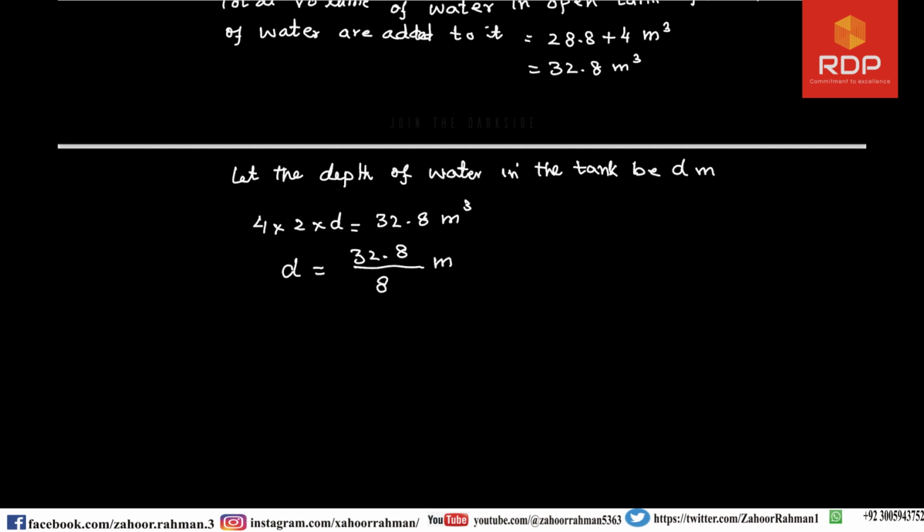Directly I am writing, and that will be meter. So when we calculate it, we will get 4.1 meter will be the depth of the water in the open rectangular tank when it is filled with 4,000 liters of water, more than the initially filled tank.